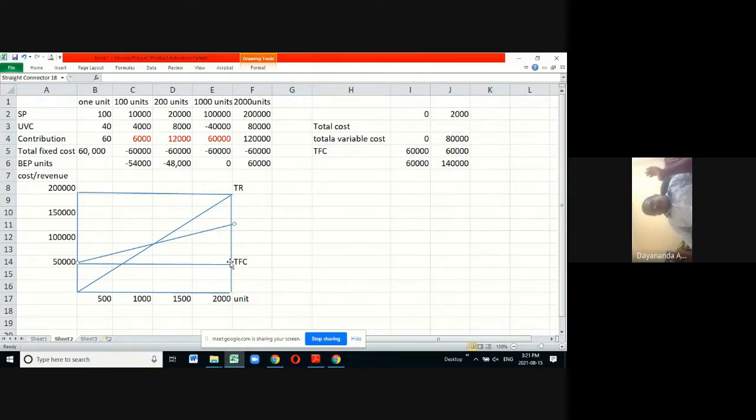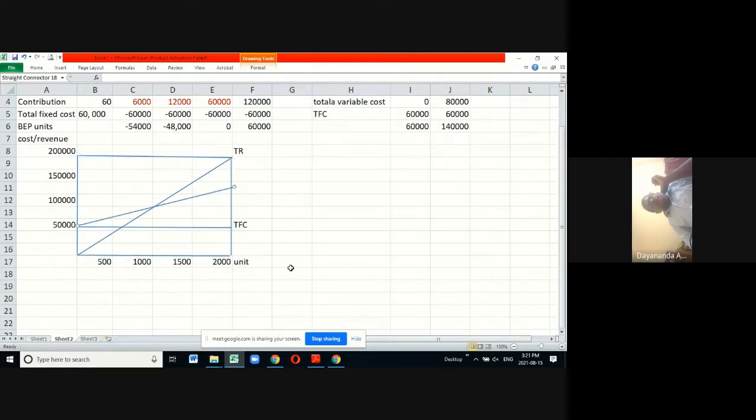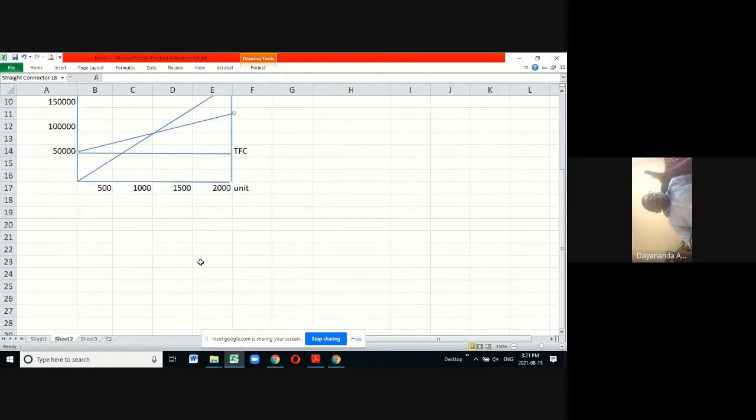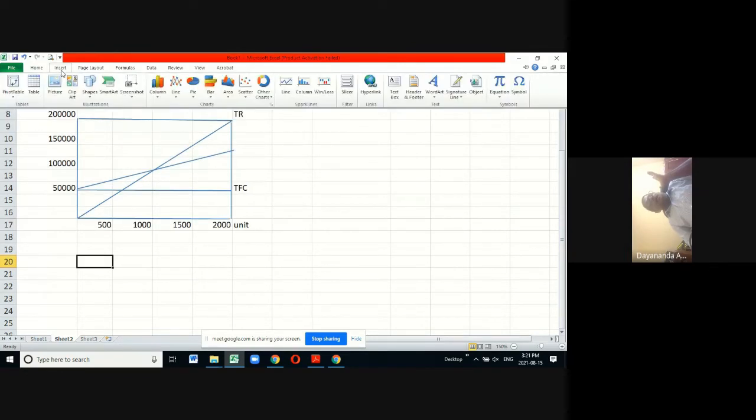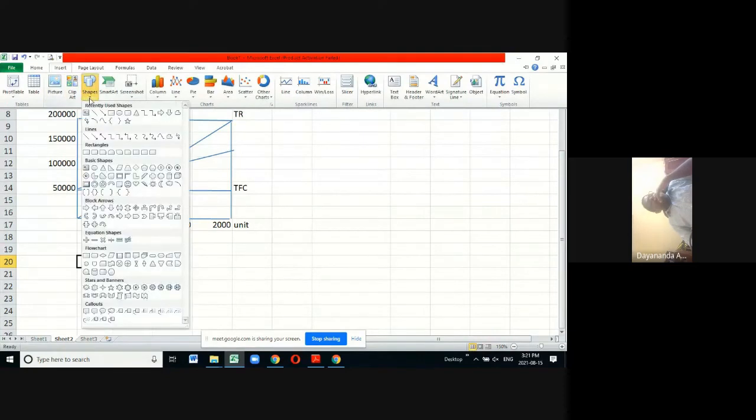Okay, right. Then we will draw the profit chart. Profit chart is very simple. It's something like this.